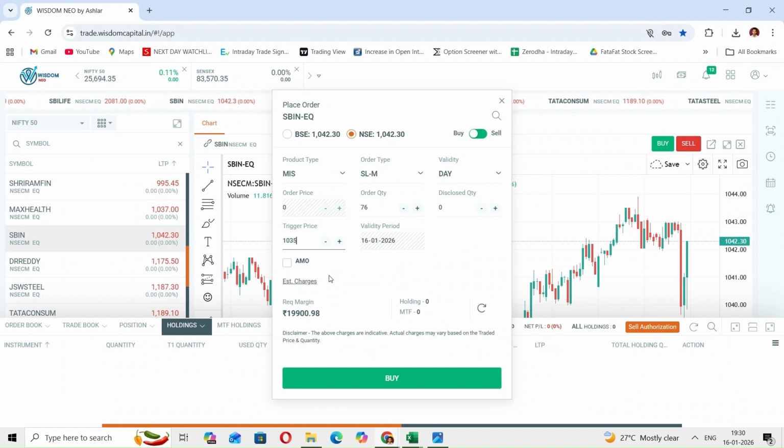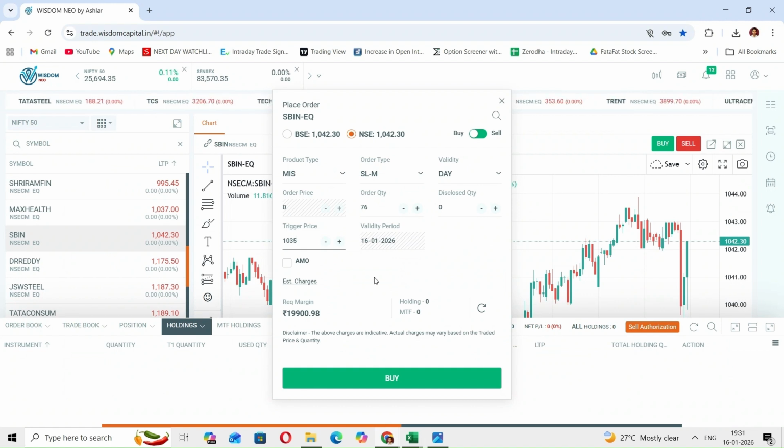That's why I will keep a trigger price as my stop loss price only, so stop loss market. So whenever it crosses or comes around 1035, it will immediately exit the trade at any price, whether it is 1034.5, 1034, 1034.7, it's fine, no worries.